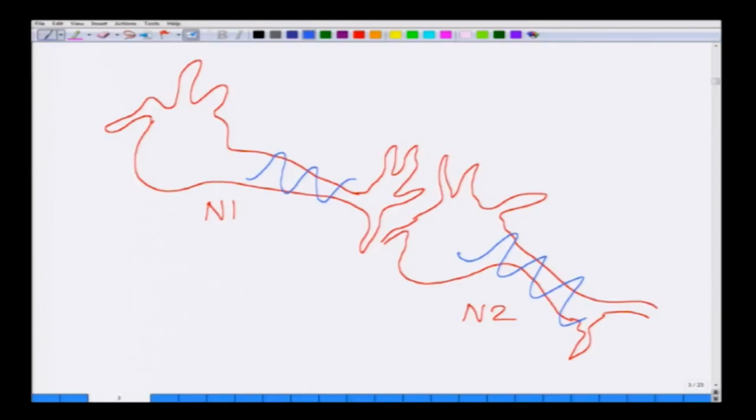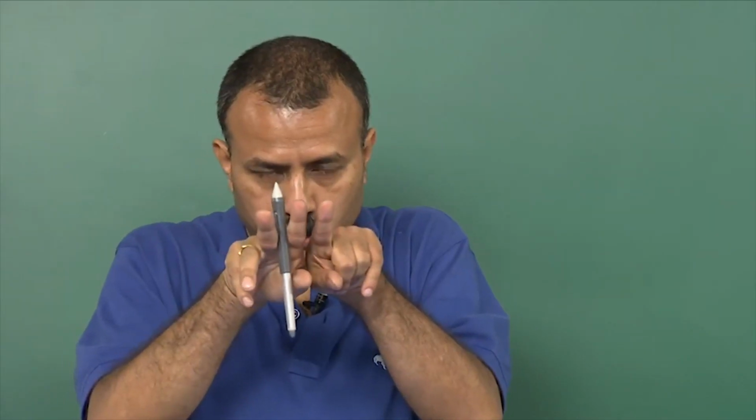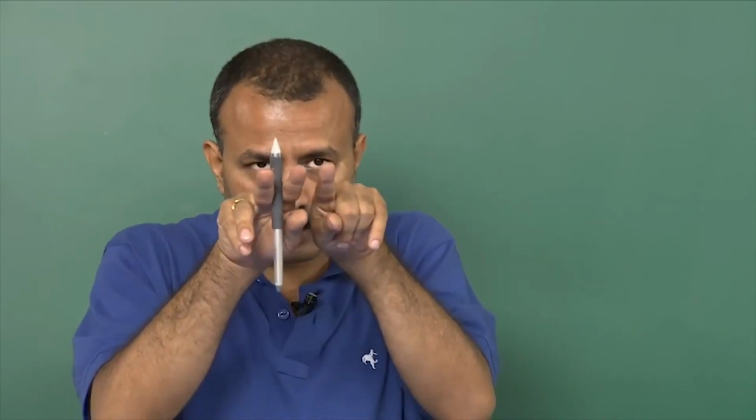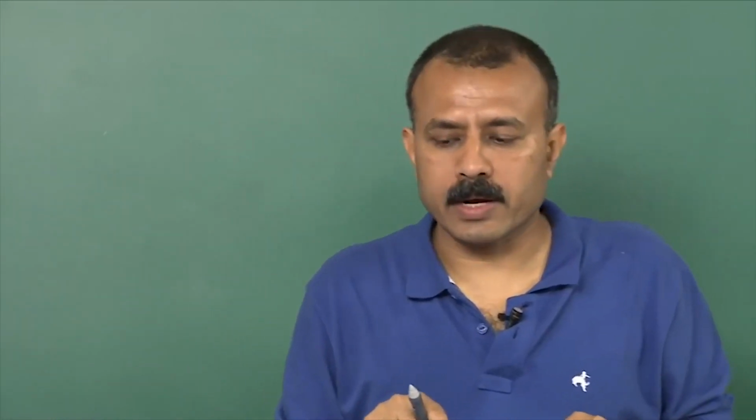So, at the zone of synapse, this is the synaptic cleft. At the zone of synapse, there are a couple of things happening. The most important thing is that once this electrical signal reaches here, a synapse is basically two neurons in closest contact, but there is a small gap there which is called the synaptic cleft.